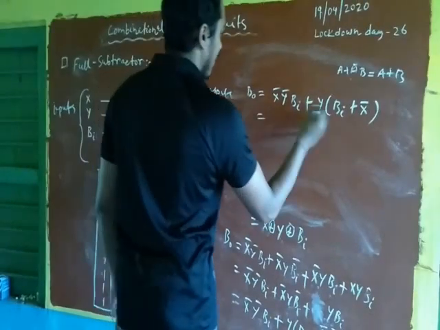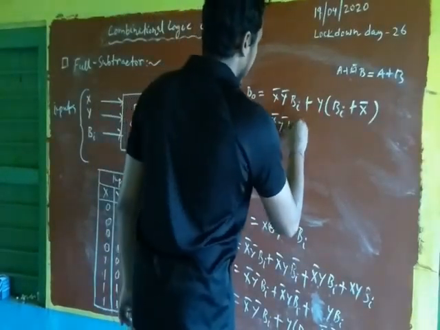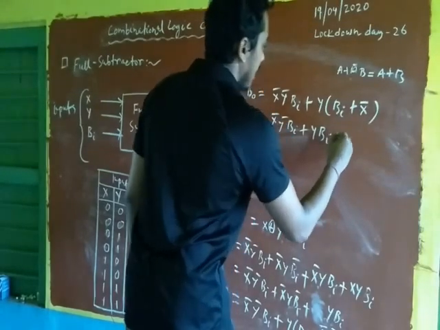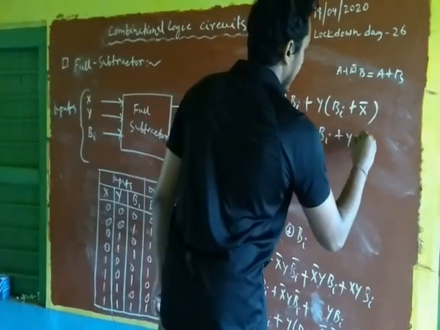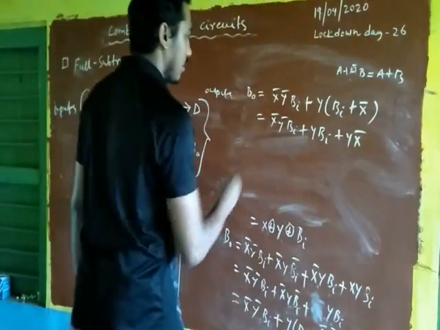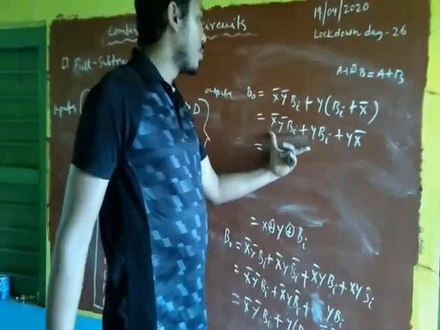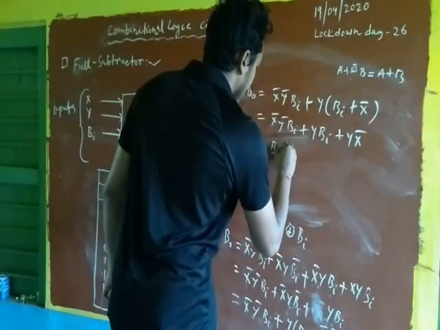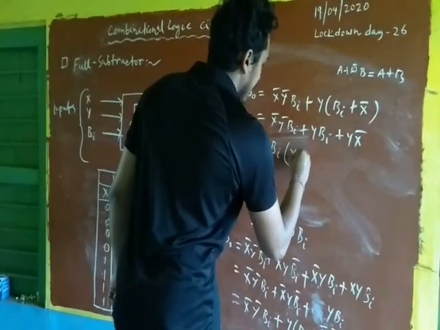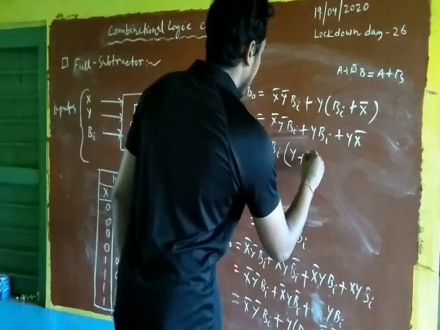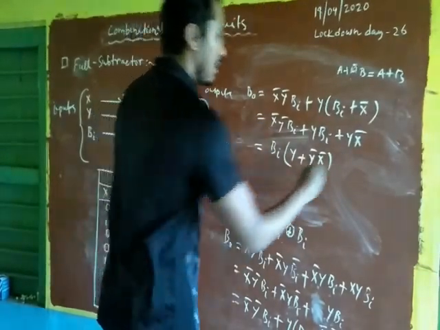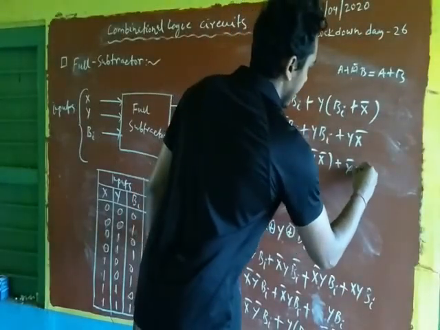Okay, now after multiplying this one, x bar y bar bi plus y bi plus y x bar. Okay, now for the first two terms, again if we take common bi, what will happen? So if we are taking common bi, we are getting y from this, and this is y bar and x bar. Okay, and last term we are writing as it is, so x bar y.